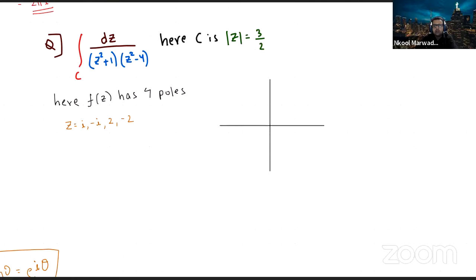Now, whatever contour is given to us, we will visualize the contour to see whether all the points lie within the contour, or if there are some points outside it. The center is the origin itself, so let us draw a circle of radius 3 by 2, which is 1.5.